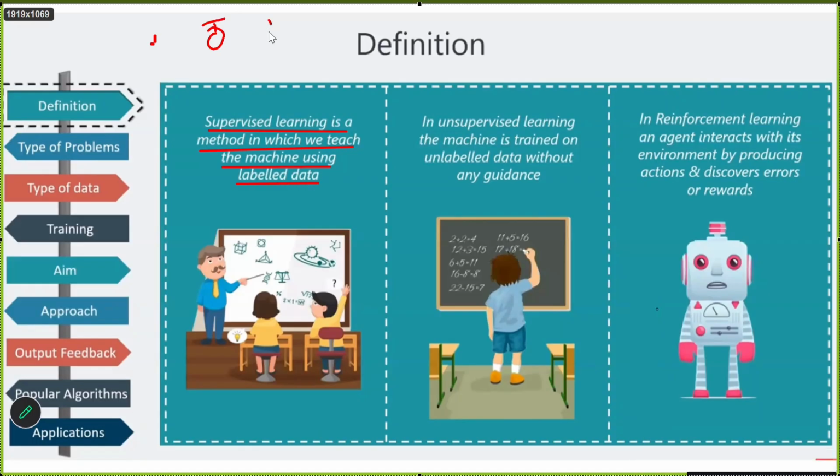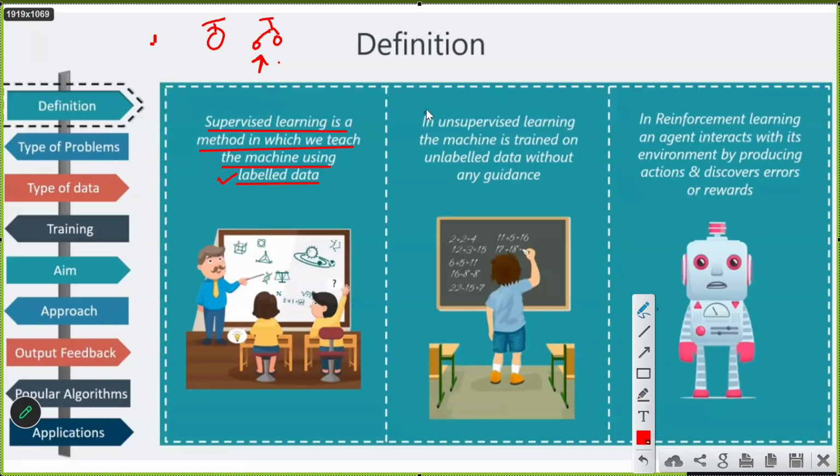They show the image of a cherry and we recognize that it is a cherry. So labeled data means giving some guidance. In our childhood days, the teachers used to sit with us and guide us to learn things. So supervised learning is a method in which we teach the machines using labeled data, which means there will be guidance from us.